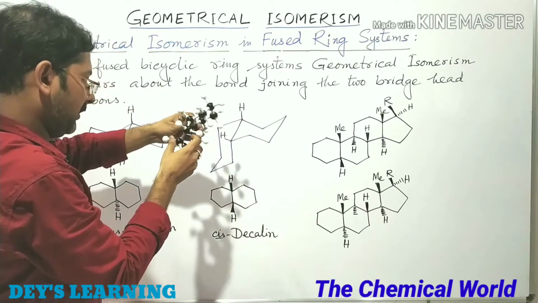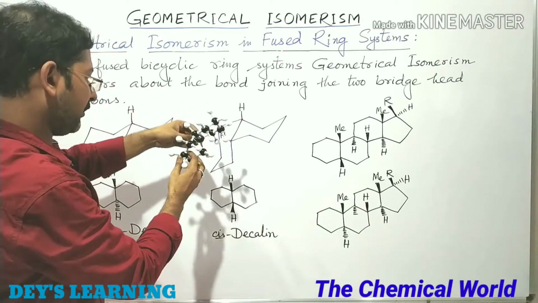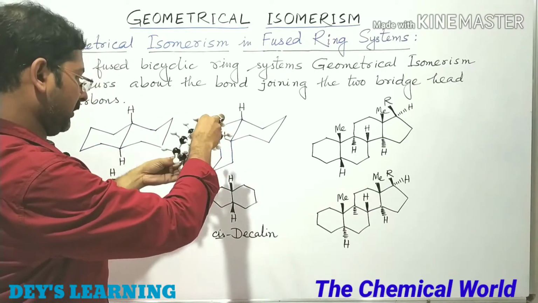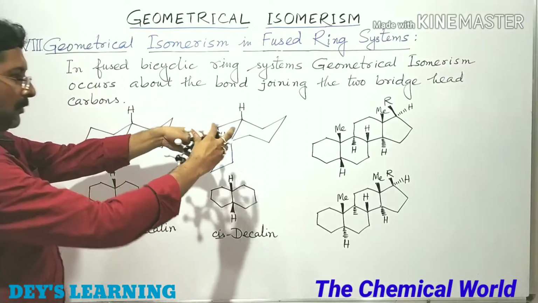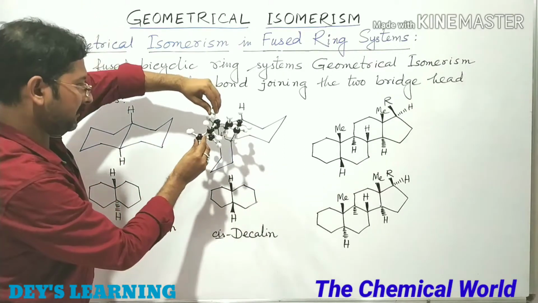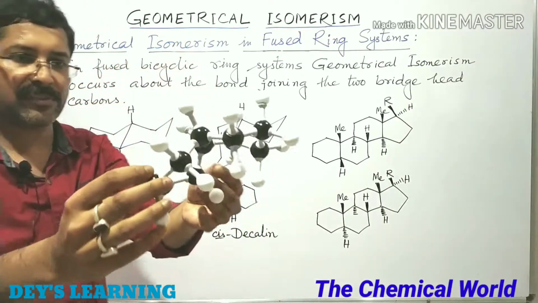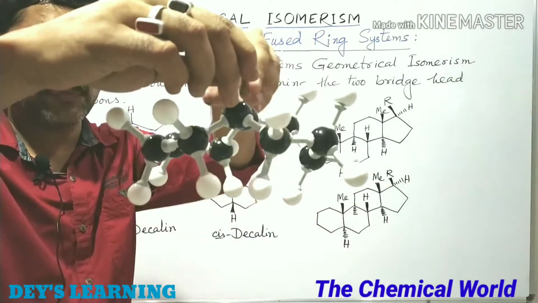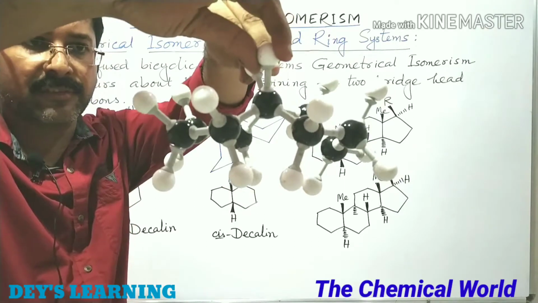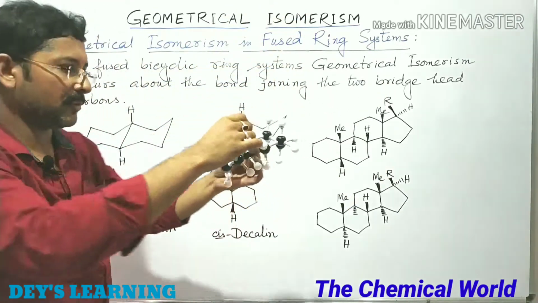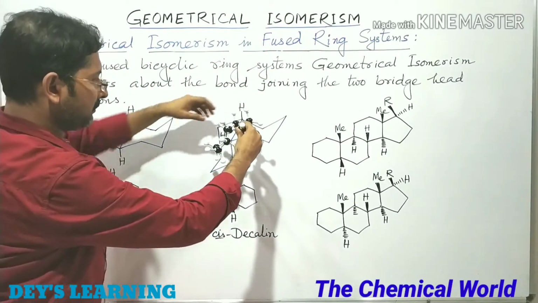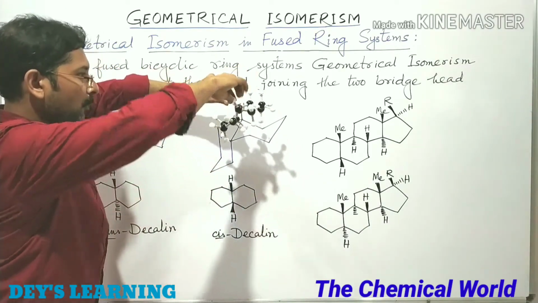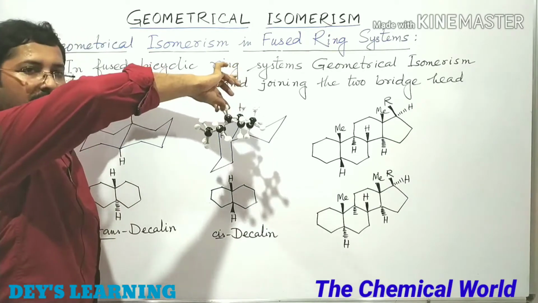It has many conformations. Okay, look at here. This is your cis-decalin. The hydrogen atoms attached to these two bridgehead carbons are cis. Look at here. This is your cis-decalin. It is written in this fashion. These two hydrogen, 1 and 2, these two are in cis position.